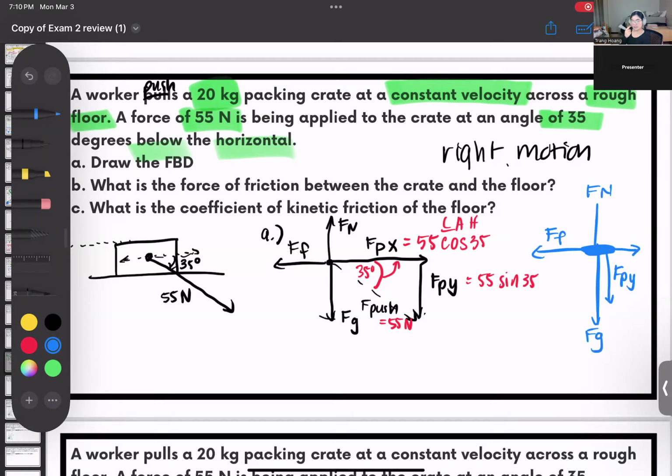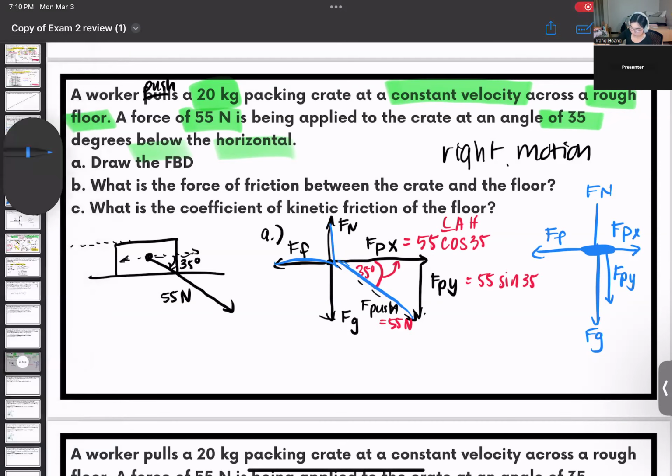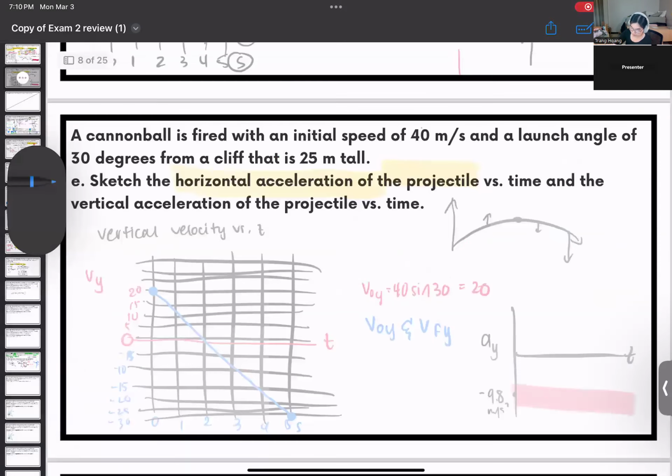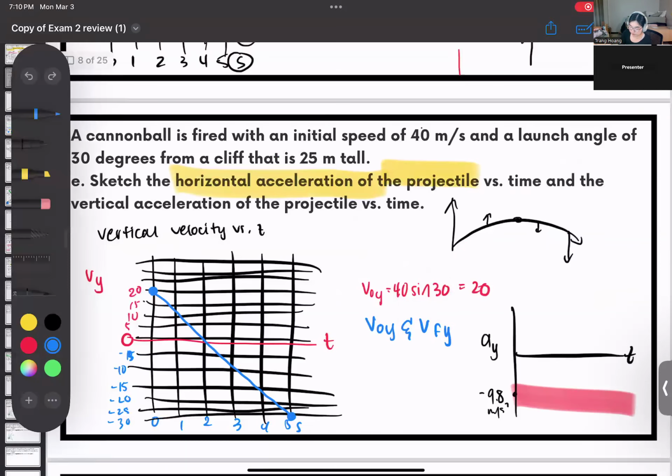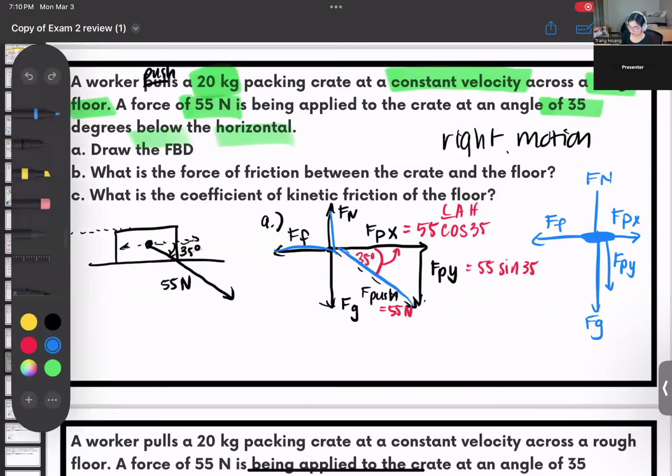Okay, that's our free body diagram. On the exam, she really only wants to see you just draw this, and this. But for the sake of your own problem solving, you're better off drawing everything. Unless you can easily do it without visualizing, then you don't need to. But very few people, I think, could do that. So don't worry about it.